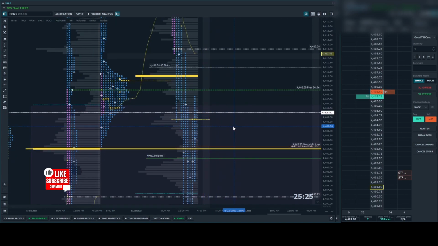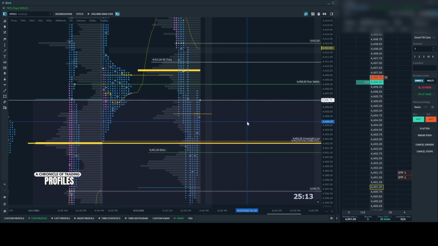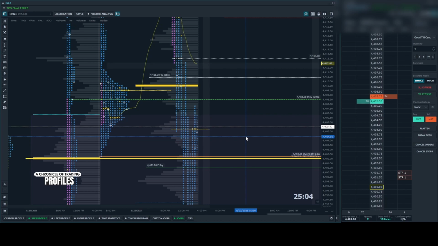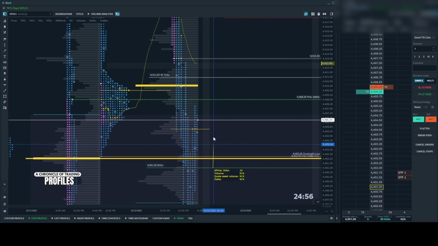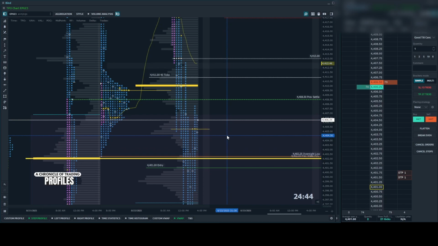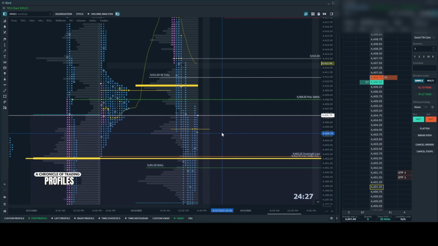It is working its way through here. Looks like it's going to make an attempt to break this K.